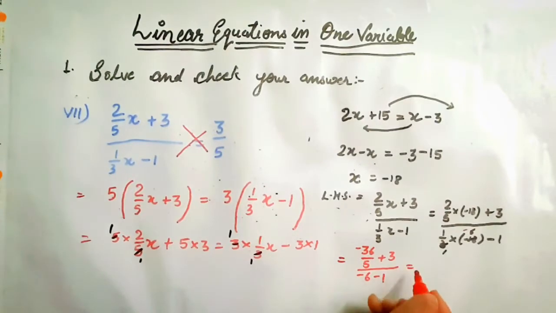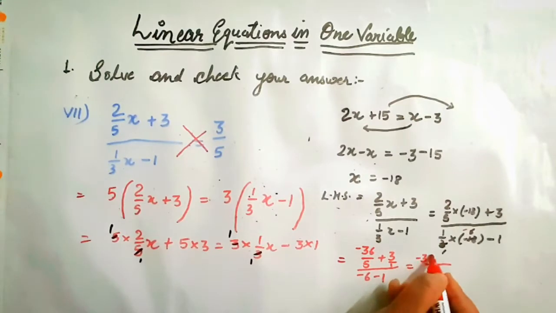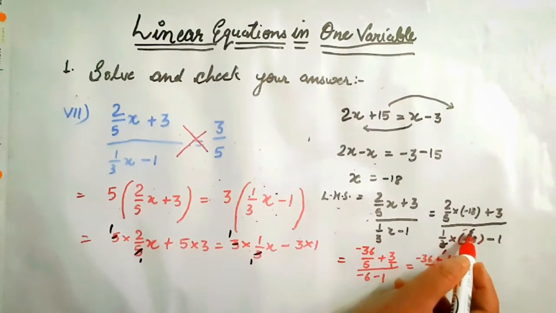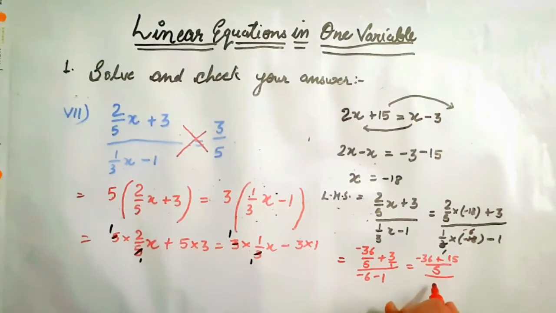Now take LCM in the numerator. Here the denominator is 1, so LCM will be 5. Minus 36 ones are minus 36 plus 5 3s are 15, whole divided by minus 6 minus 1, which will be minus 7, and its denominator is nothing, so we can put 1.